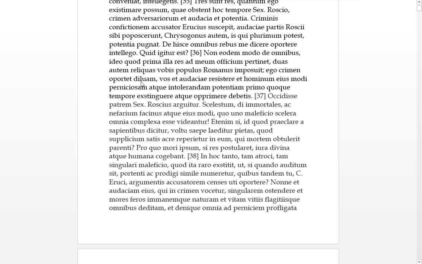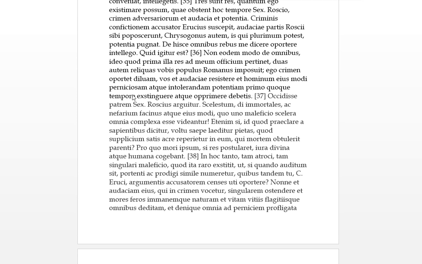Ego crimen oportet diluam. I, this accusation, oportet, I ought to dilute, which is subjunctive or future. This means he needs to purge this accusation or clean it away. Vobis autem, and you, resistere, taking the dative, you should stand against this boldness of this type of man, perniciosam and intolerandam, it looks like a gerundive, their potentiam.